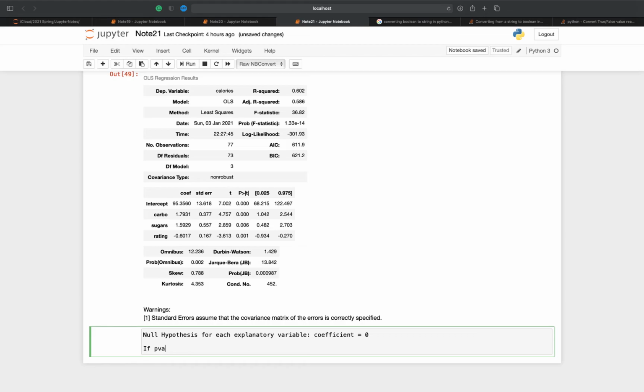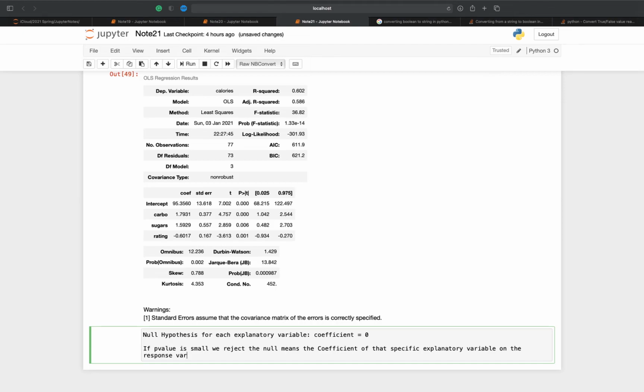If the p-value is small, we reject the null, which means the coefficient of that specific explanatory variable on the response variable is not 0.